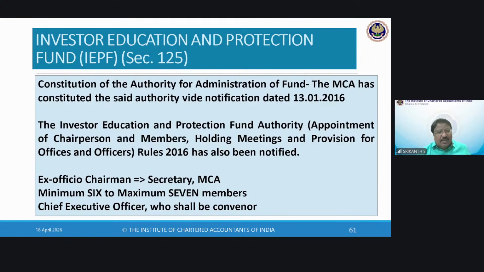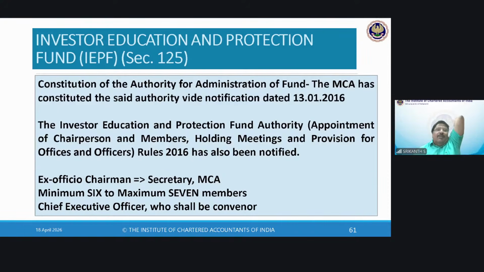The chairman is straight away the Secretary of the Ministry of Corporate Affairs. Secretary, don't think of a secretary as a clerk, that's a very high position. It's a very, very important senior administrative officer. An IAS officer would be the secretary. So the Secretary of the Ministry of Corporate Affairs will automatically become the chairman of the IEPF authority.